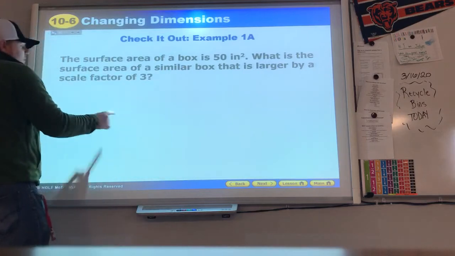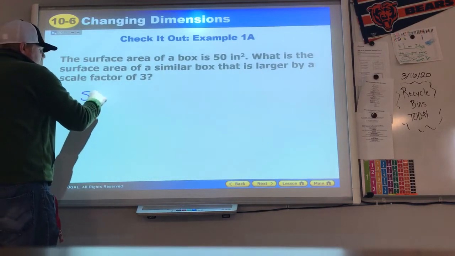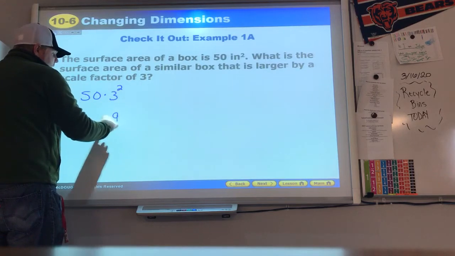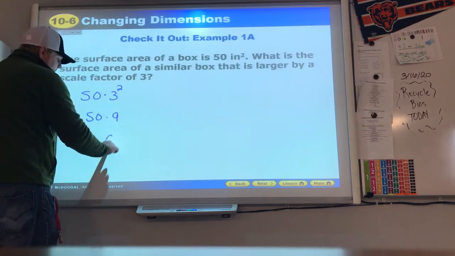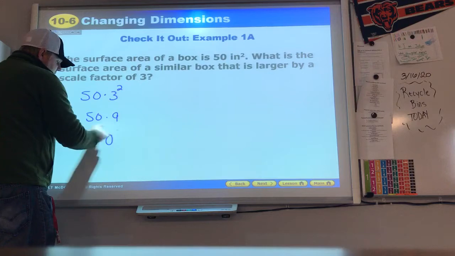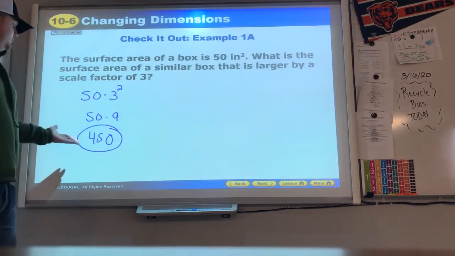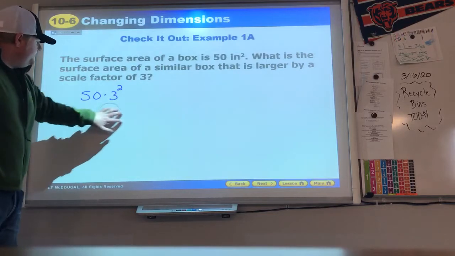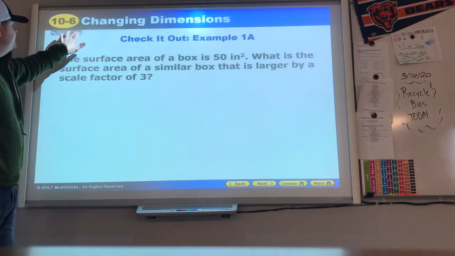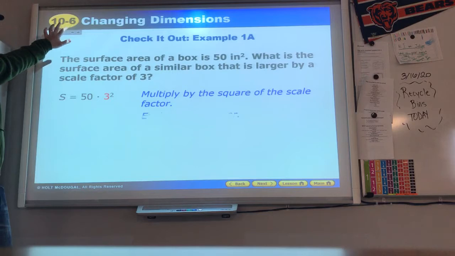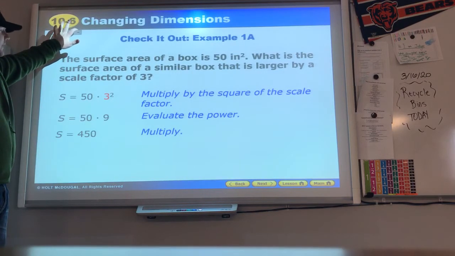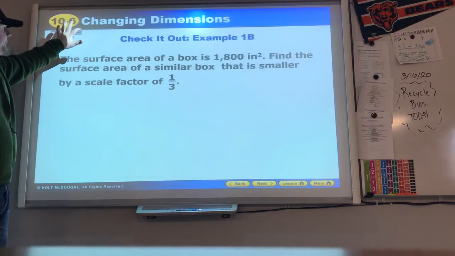Welcome back from redoing the math. 50 being the surface area, scale factor is 3 squared. So 9 times 50. 450 would be my new surface area. Let's see if we did it right. All right, it looks like we did do well.